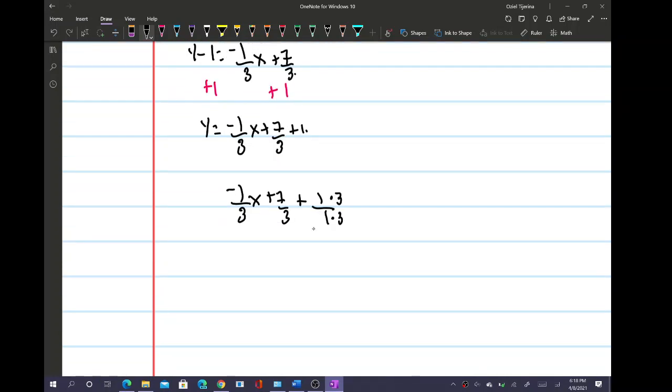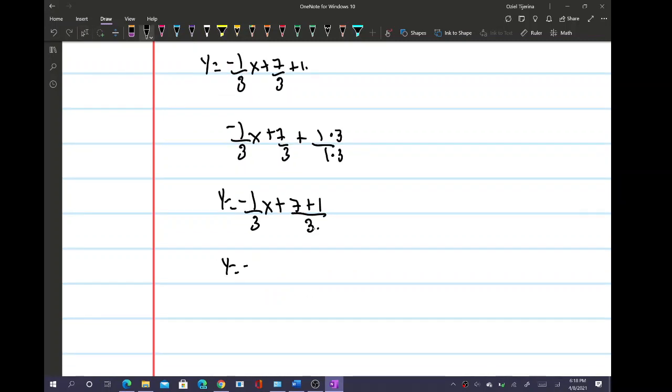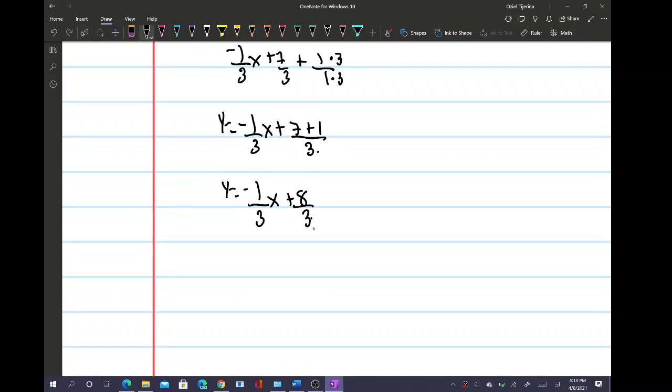So you have y equals negative 1/3 x plus 7 plus 3 all over 3, wait, 7 plus 3 would be wrong; it's 7 plus 1 all over 3. So this would be y equals negative 1/3 x plus 8/3, and this would be your answer. You can also write it as y equals negative x plus 8 all over 3, right?